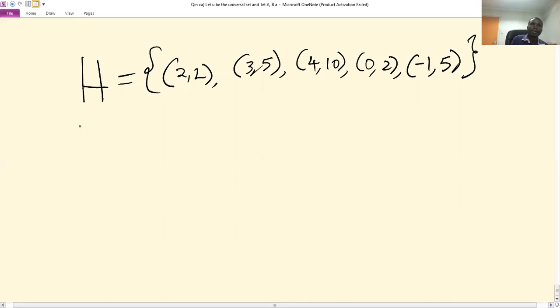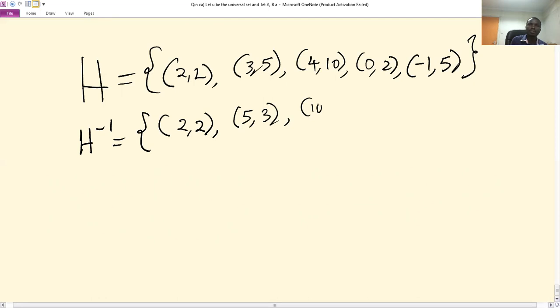Now, the inverse relation, you just switch. Second elements become first elements and vice versa. So that is the inverse relation: (2, 2), (5, 3), (10, 4), (2, 0), (5, -1).